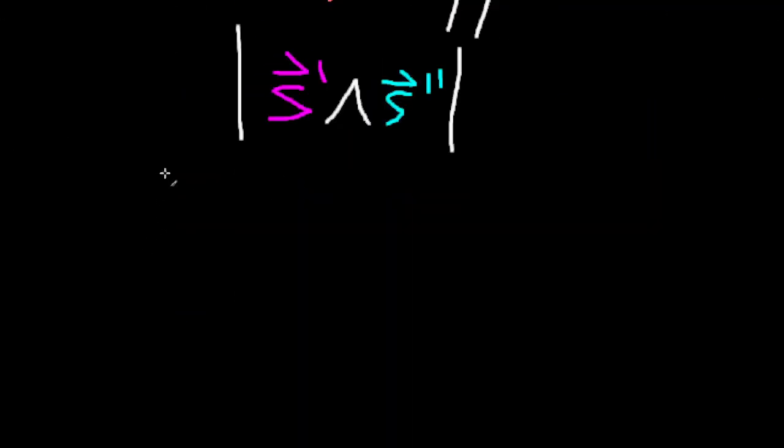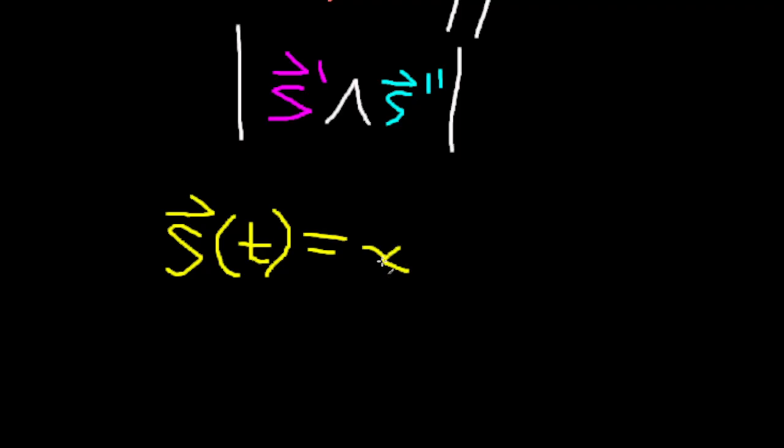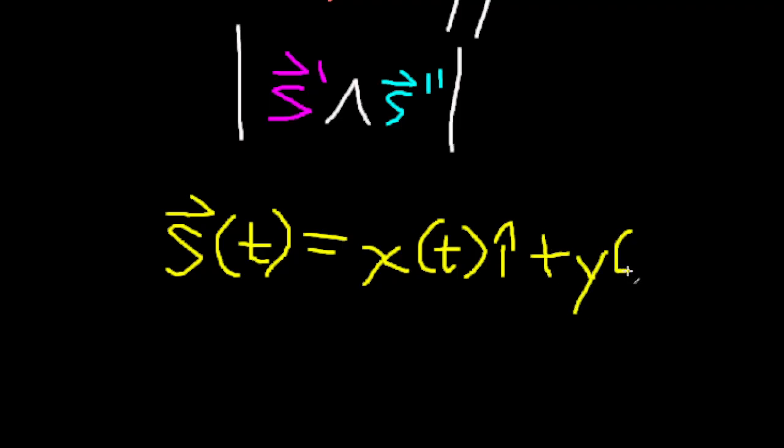So let's actually try calculating some of this out, and we'll see another potential issue arise with the cross product. Let's say that s of t equals x of t times i hat plus y of t times j hat.